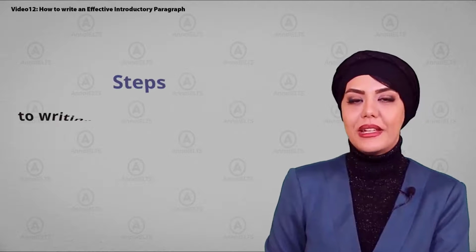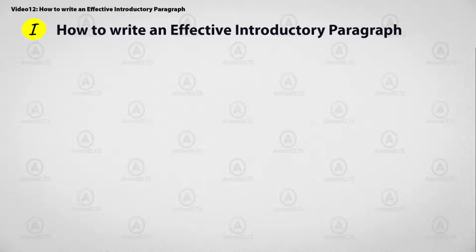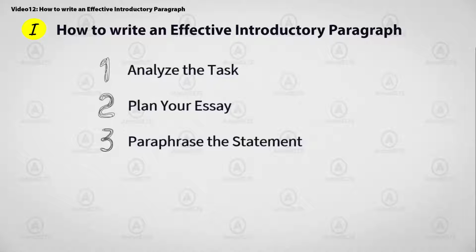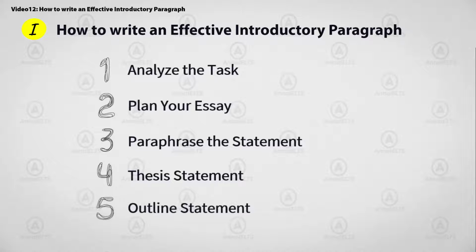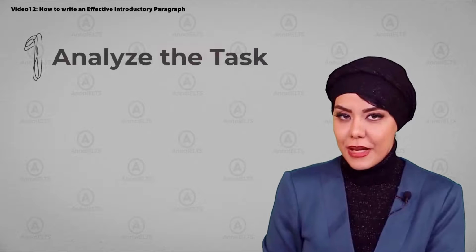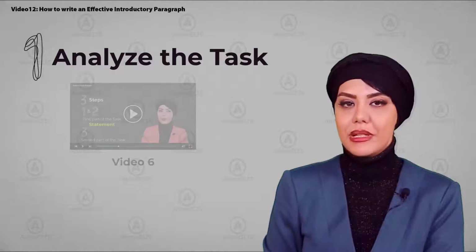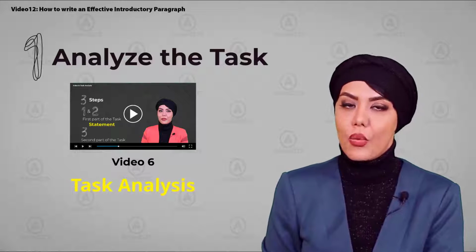The steps to writing an effective introduction: analyze the task, plan your essay, paraphrase the statement, thesis statement, outline statement. The first step to writing an introduction is called analyze the task. In video number 6, task analysis was discussed.